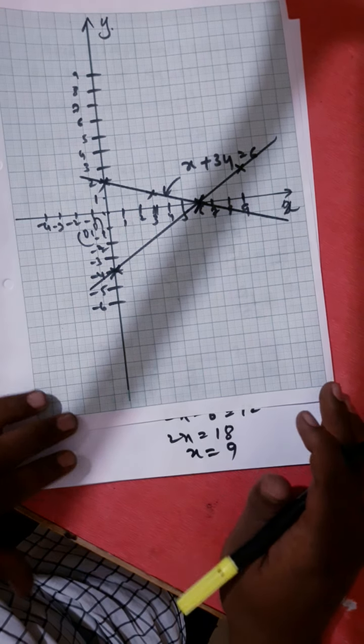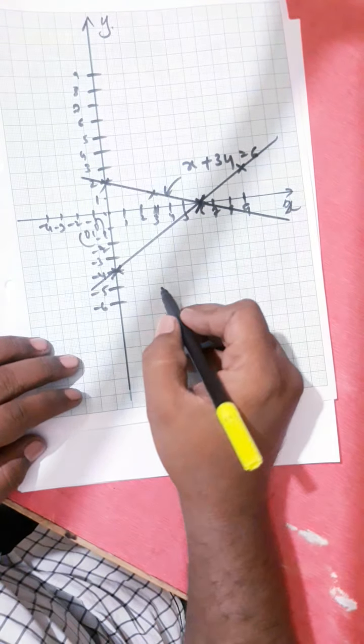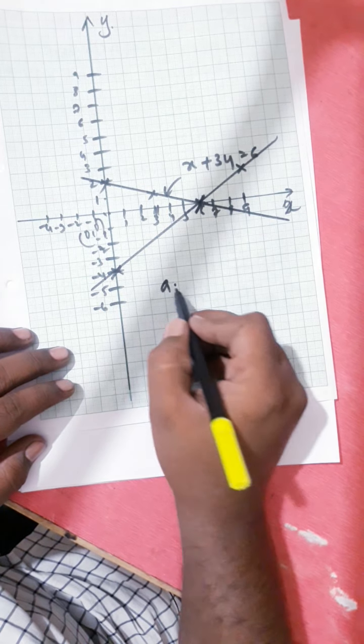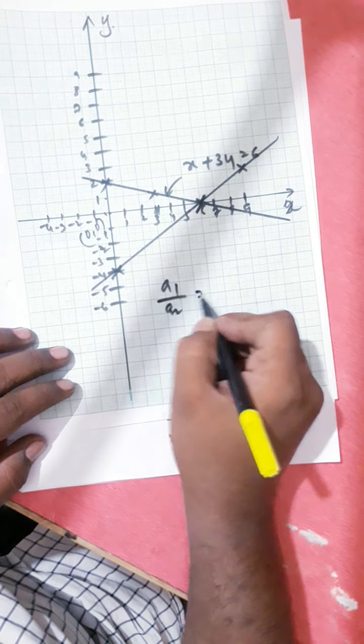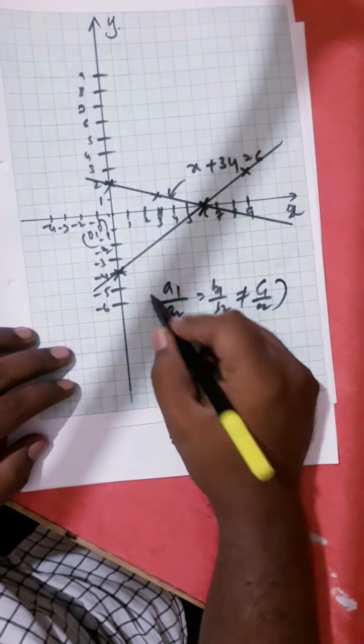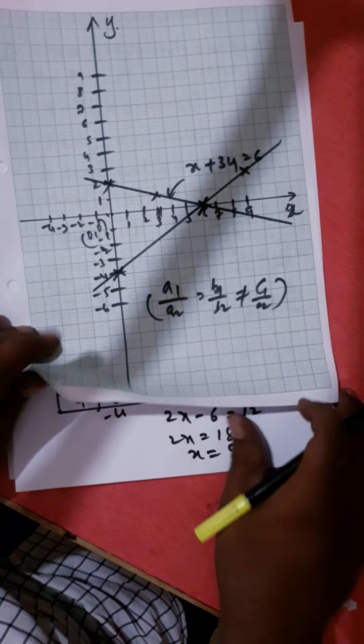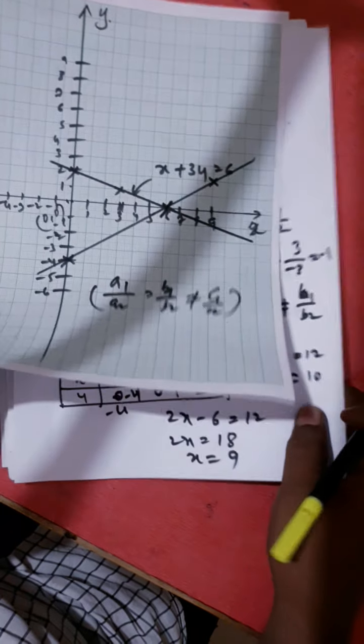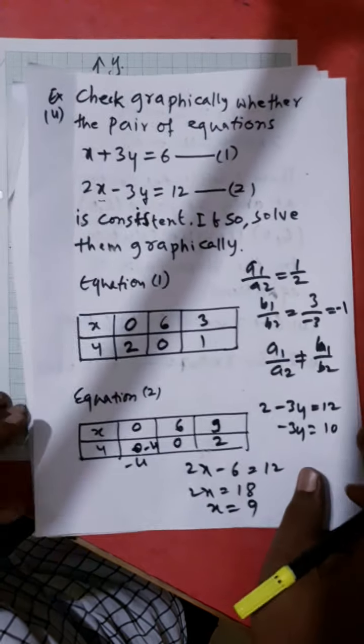If they are parallel to each other, where a1 by a2 is equal to b1 by b2 is not equal to c1 by c2 condition satisfies, those two lines do not intersect, they will be parallel and they have no solution.